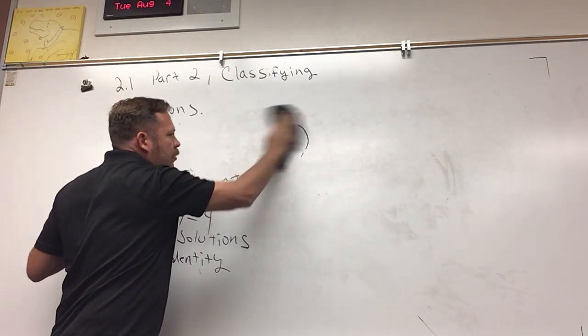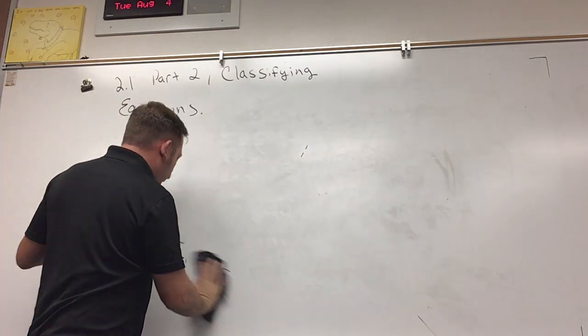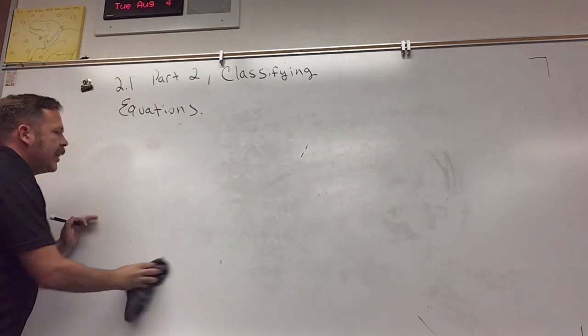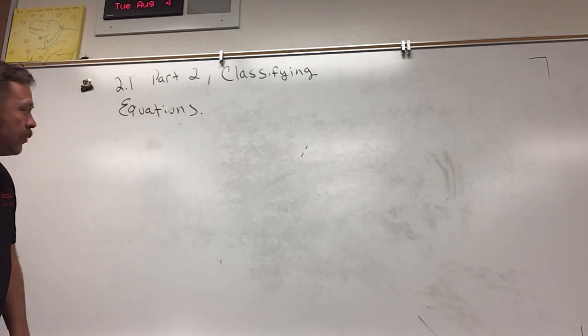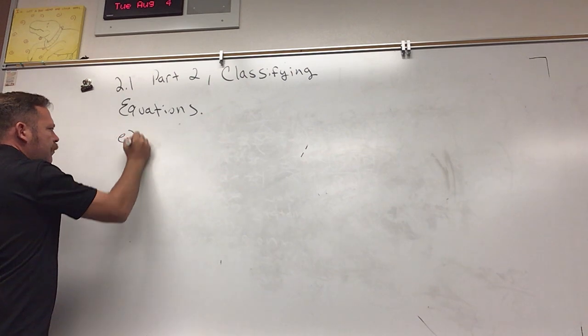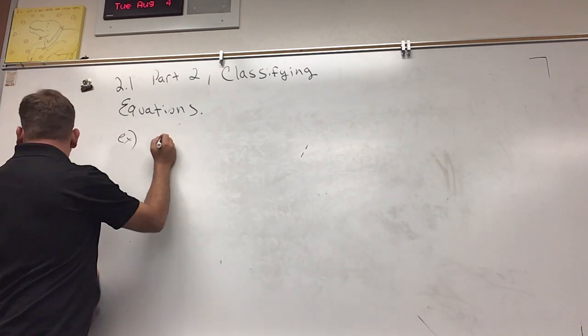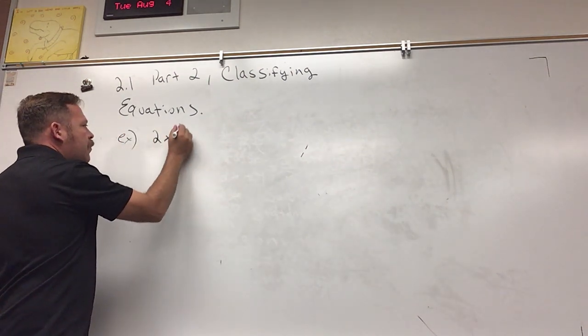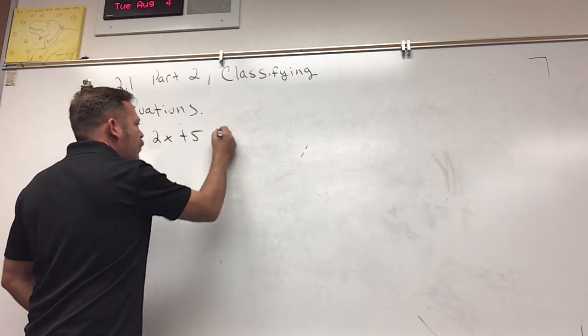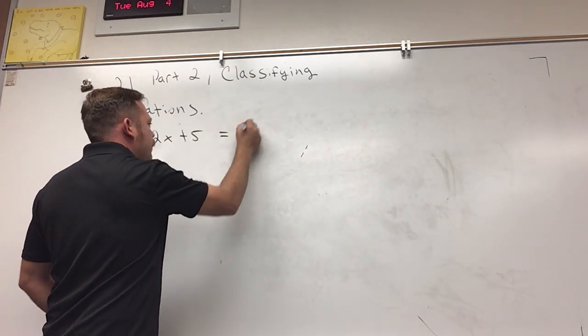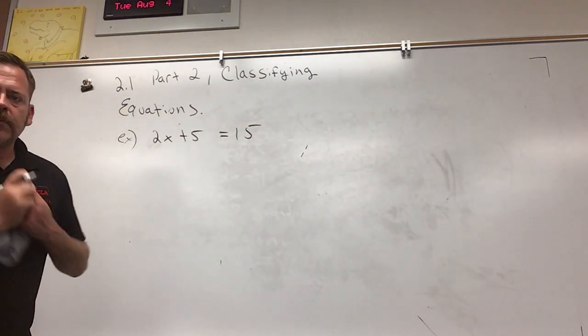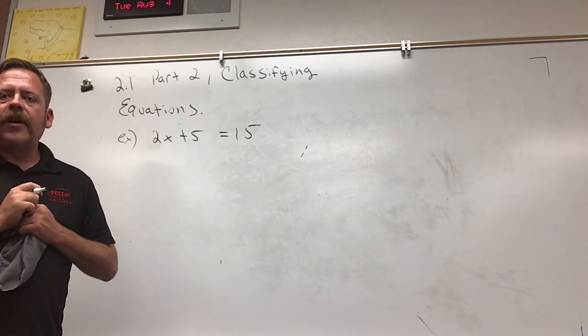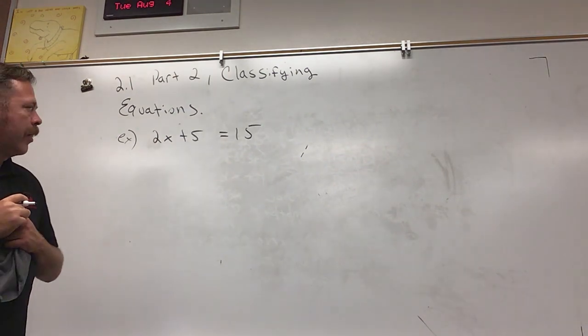Let's do one example that's going to lead to the other case, the only case we haven't had an example about. We're going to make it real simple. 2x plus 5 equals 15. Simple equation, but we're more concerned about classifying right now than solving a complex equation.